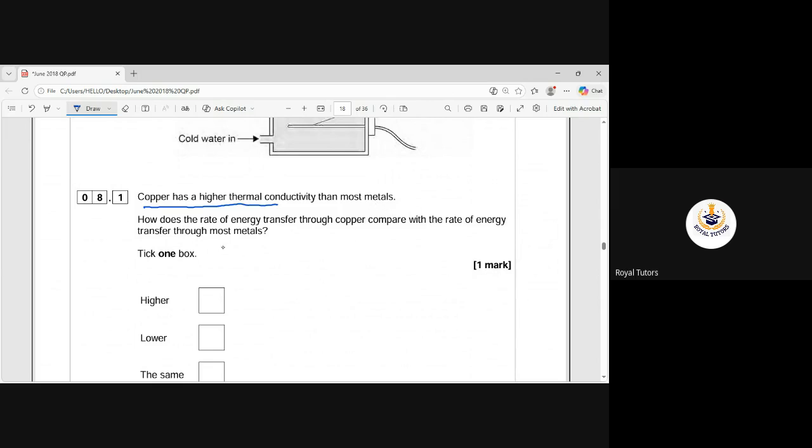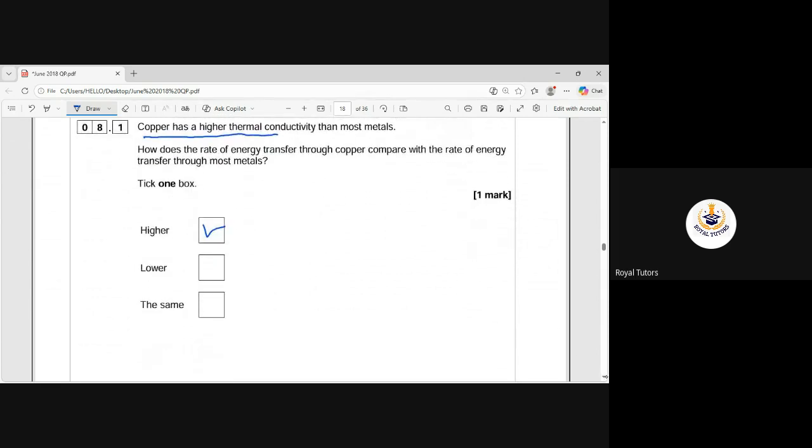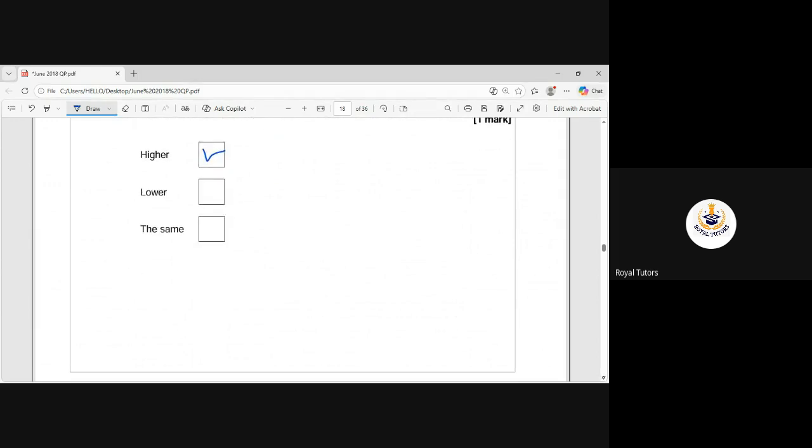So when they ask how the rate of energy transfer through copper compares with most metals, since copper has a higher thermal conductivity, surely the rate at which energy will transfer through copper is going to be higher as well when compared to the rate of energy transfer in the case of most metals.